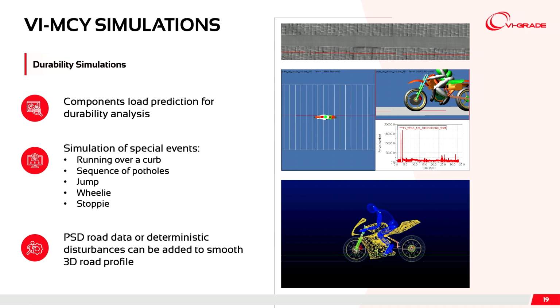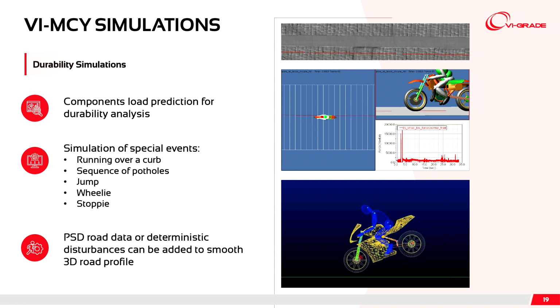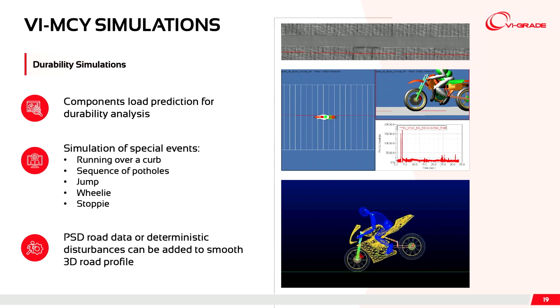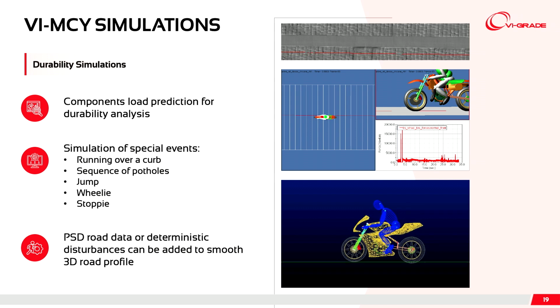Durability simulations are other tests that can be run, in which you can test special events like hitting an obstacle or jumping or wheelie. You can run basically anything you want and then review the simulation results, for example, to compute or check the loads in specific motorcycle parts.